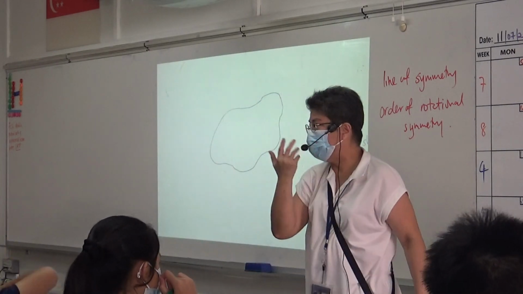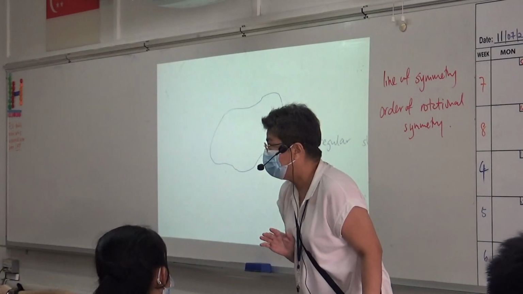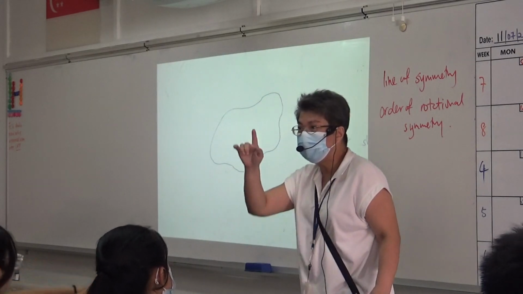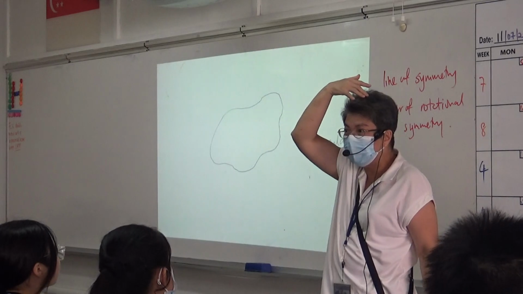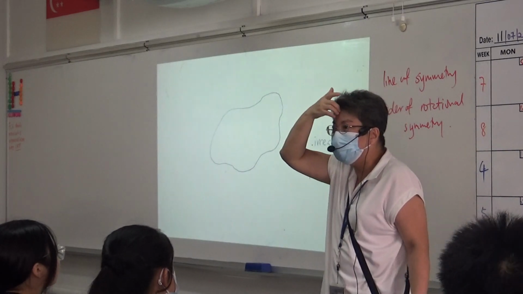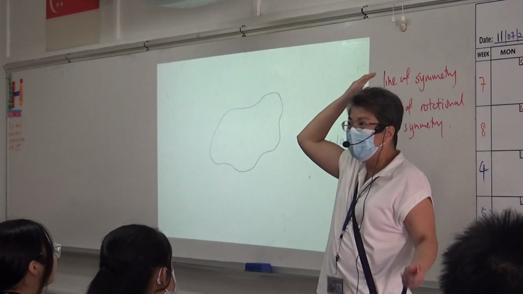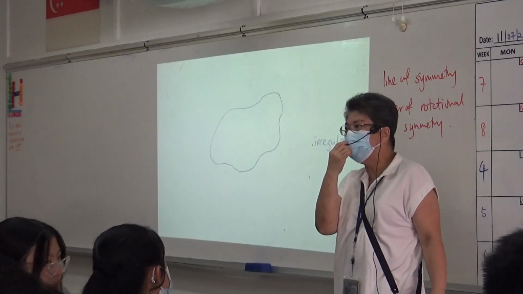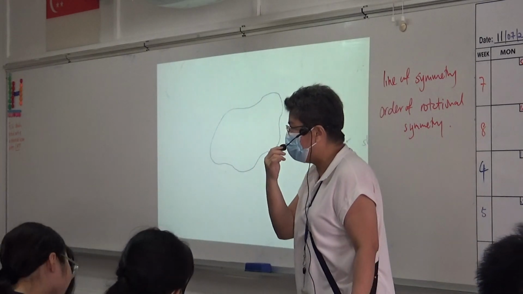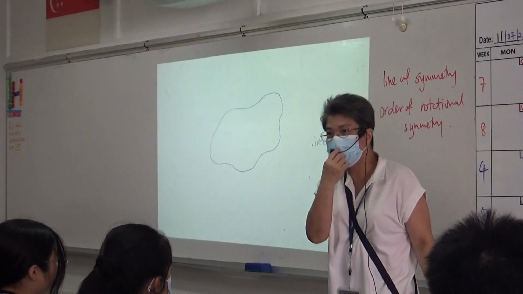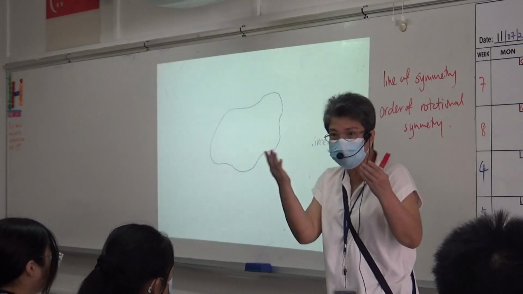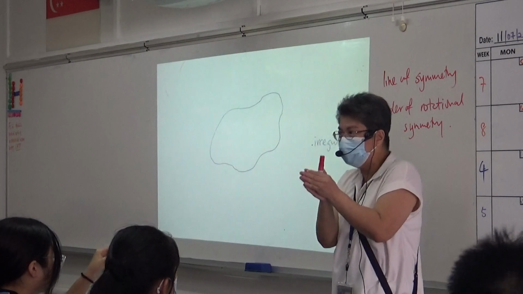But sometimes, you know, our face is not really symmetrical. Do you agree with me? Okay, then some people are side parting. So also cannot, unless you have what? Center parting. Okay? Line of symmetry means it will divide the figure into two equal halves. Understand? Such that when you fold, they will coincide.